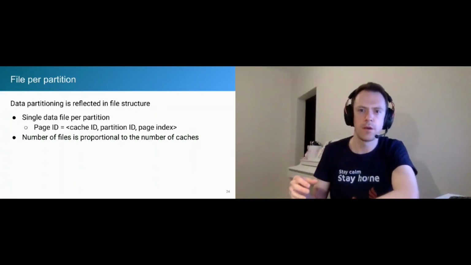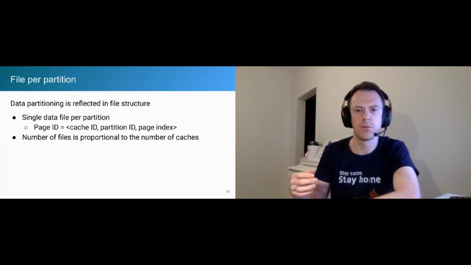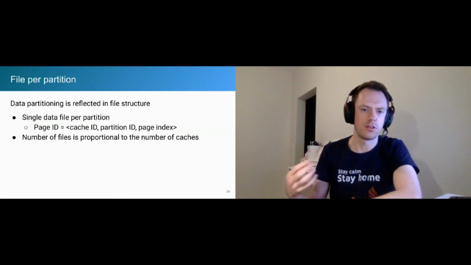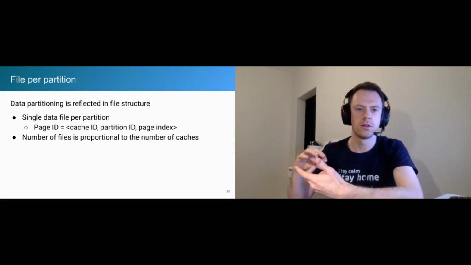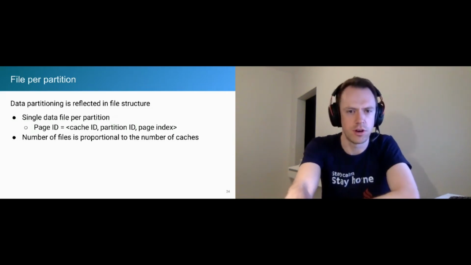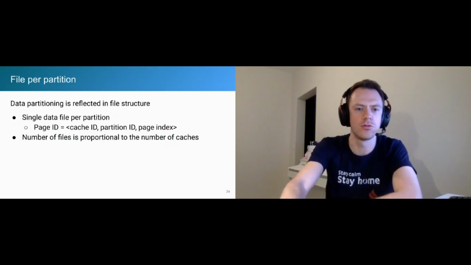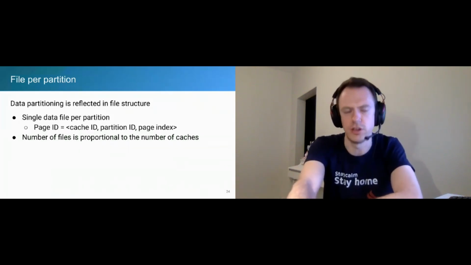Because when you take a snapshot, one of the modes that is beneficial is to have a single copy of a partition in this snapshot. And if data was mixed inside this partition file, it would be very hard to deduplicate this data in a distributed fashion.